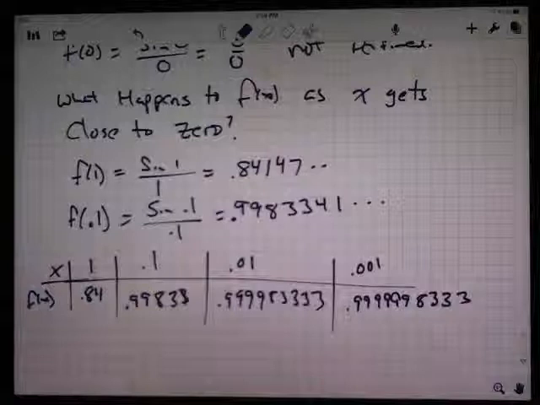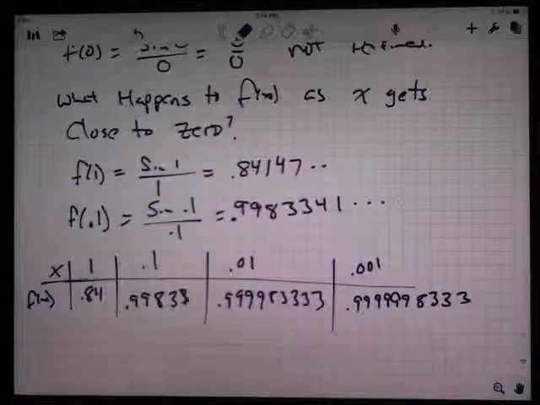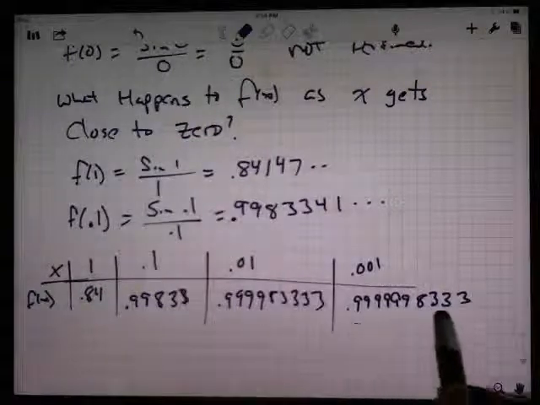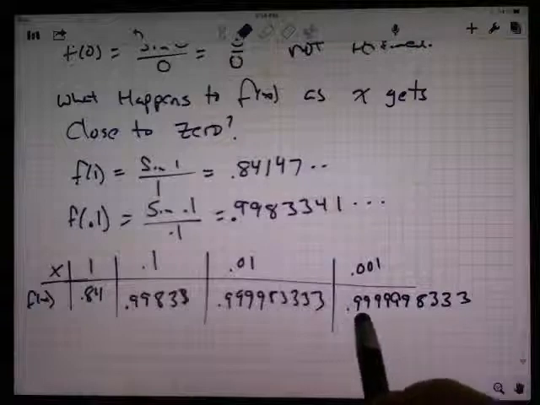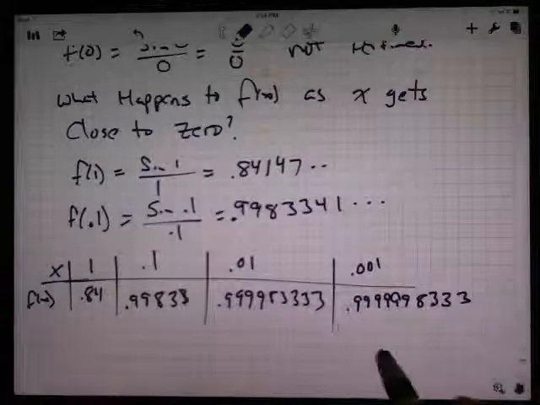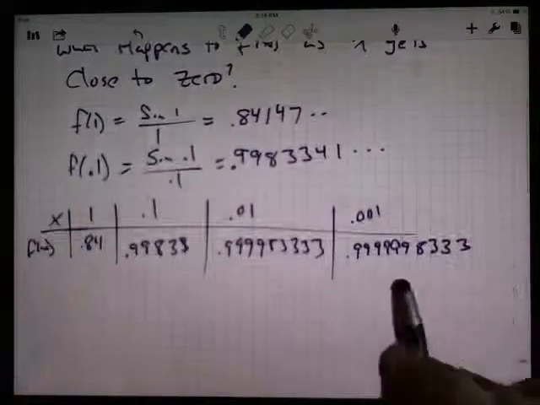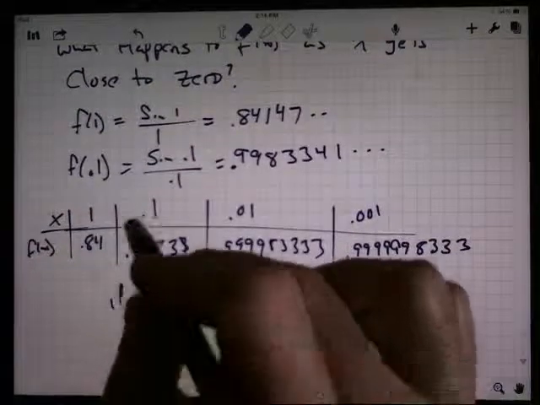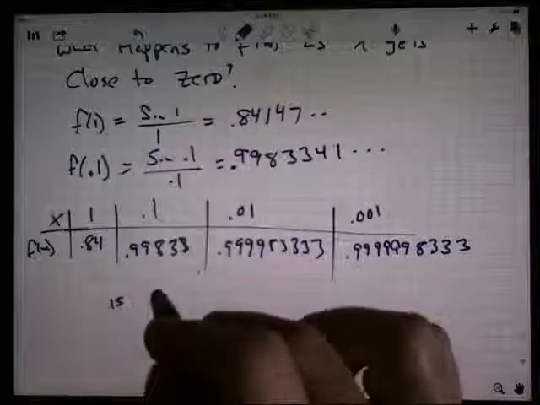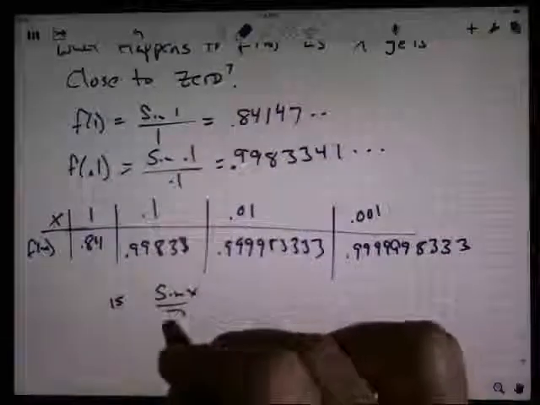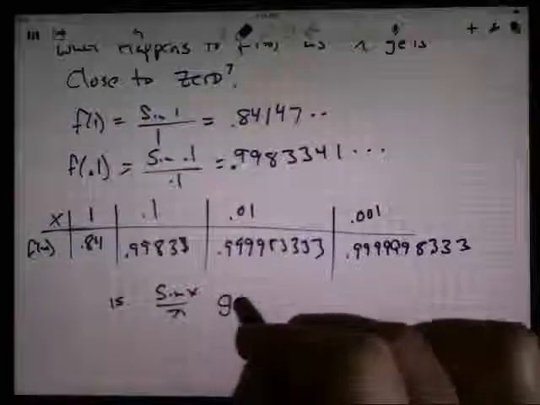Wow. Does this look like it's getting closer to something? It looks like it's getting closer to repeating all nines. So maybe the function's getting close to 1. Is sine x over x getting close to 1?